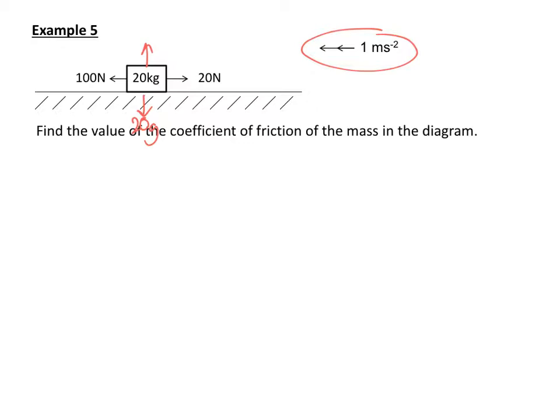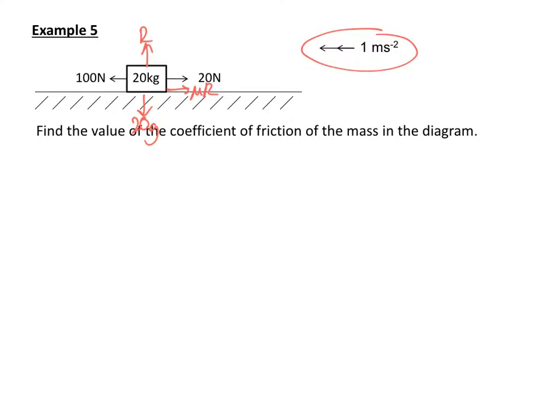And then this is our normal reaction here. And if our body is going to the left, our friction, mu R, will go to the right. So the body's moving left, so friction will oppose that motion and go to the right.